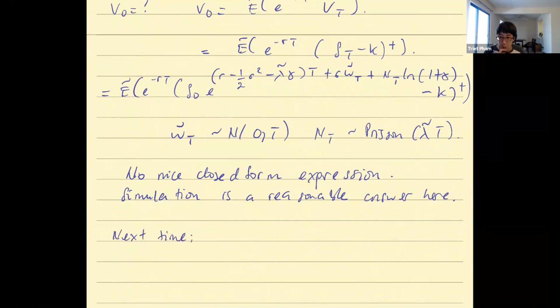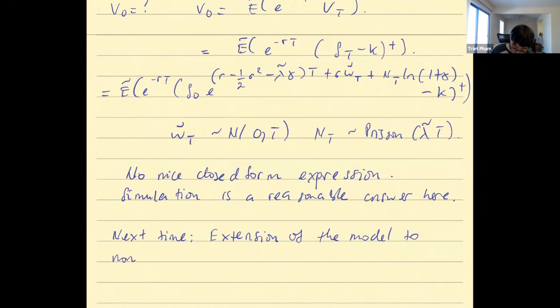So we're almost done with jump model process. This is all I want to tell you about jump model process. But next time, what I want to discuss is the extension of the model to compound, general jump size.